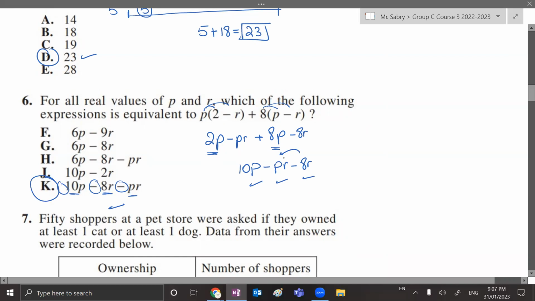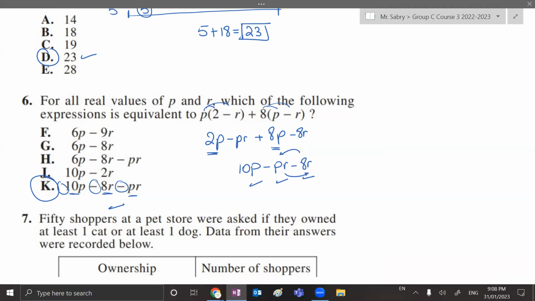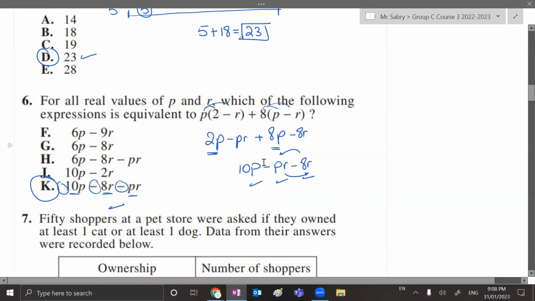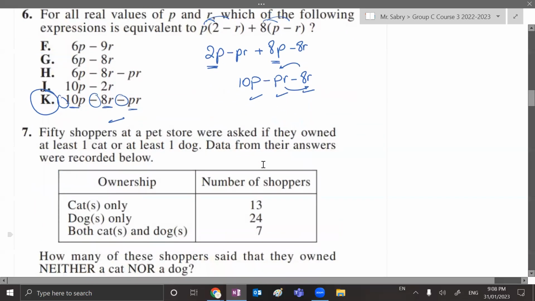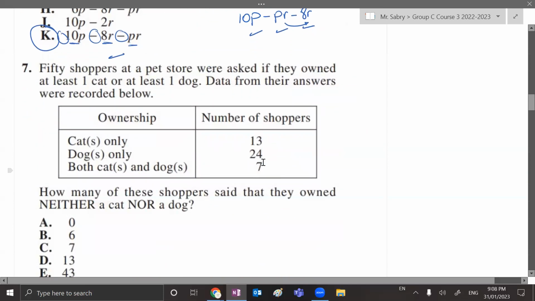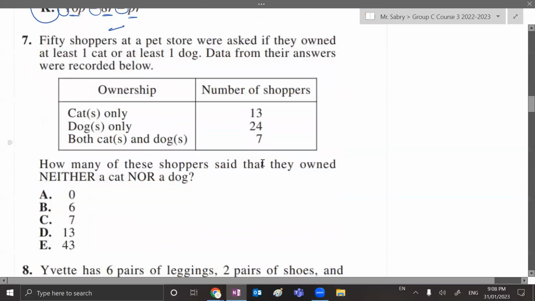So it doesn't matter if I switch the locations of those, and there's no need to switch any signs because there's no equal sign making me change signs or anything. Is this one okay? Yes.